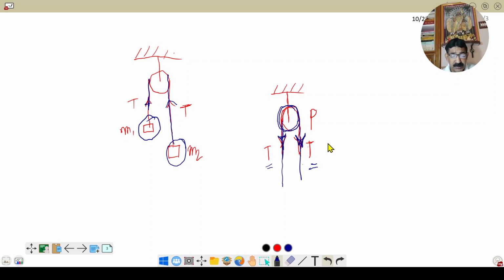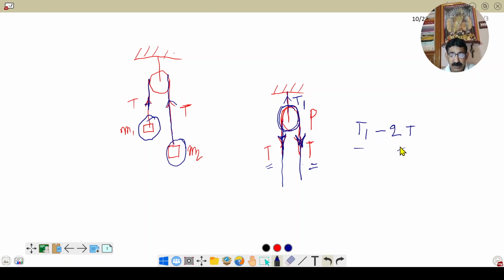So these two tensions will be added, and the pulley is attached with the ceiling with a rope, and another tension T prime or T1 will act on this pulley along the upward direction. The net force acting on the pulley is T1 minus 2T.